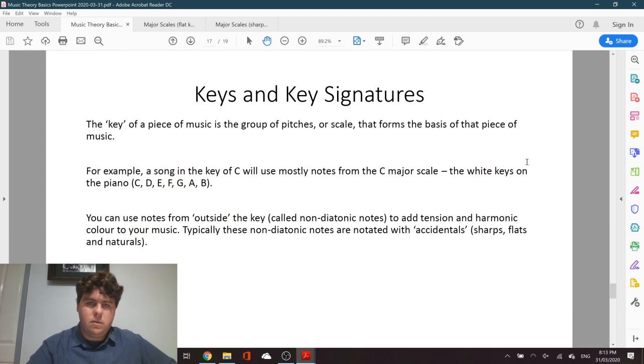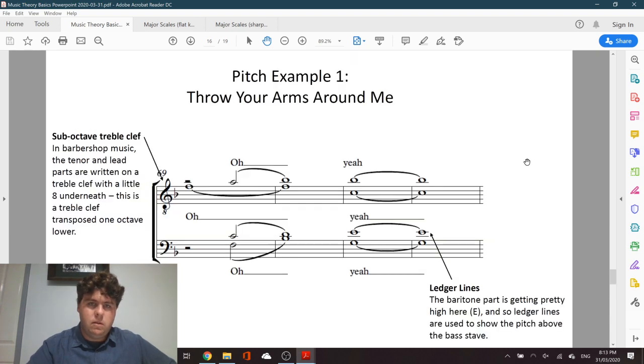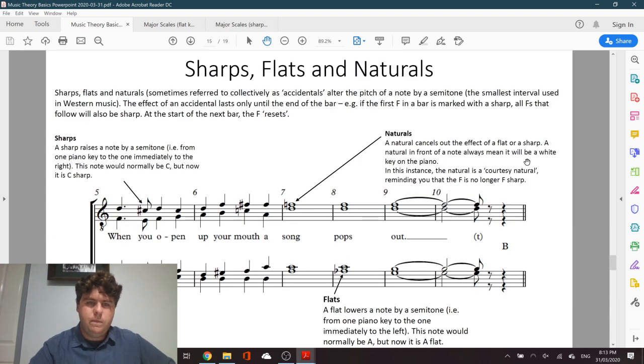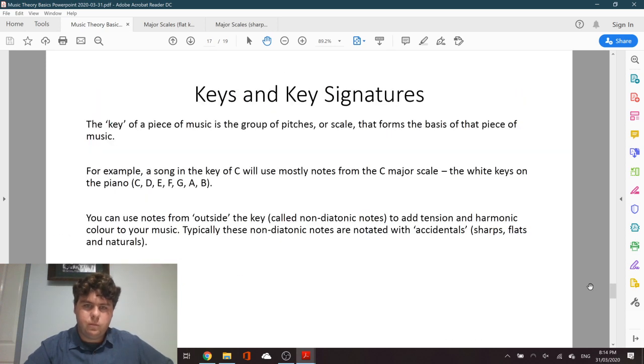If I go back to our example from Zippity Doodah, Zippity Doodah is in the key of C, so whenever you see a sharp or a flat, that means those notes are from outside the key. Those are non-diatonic notes. But without those, the music wouldn't be nearly as interesting. Those are the colourful notes that we like to hear so much of in barbershop.